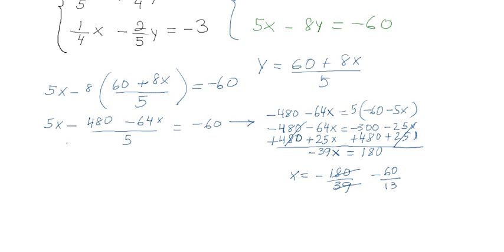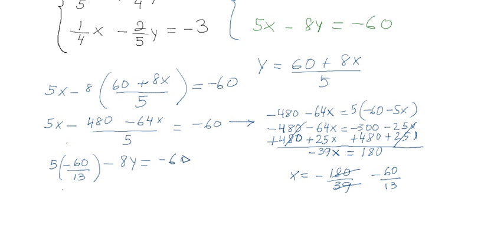So now I have x, and I can use this in the same equation. So I have 5 times minus 60 over 13 minus 8y equals negative 60.